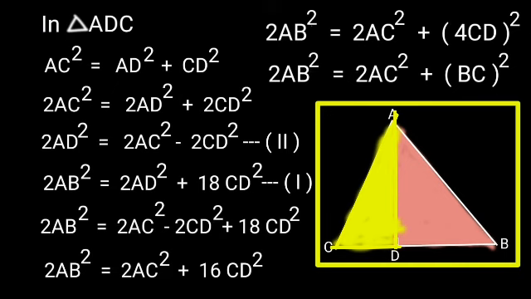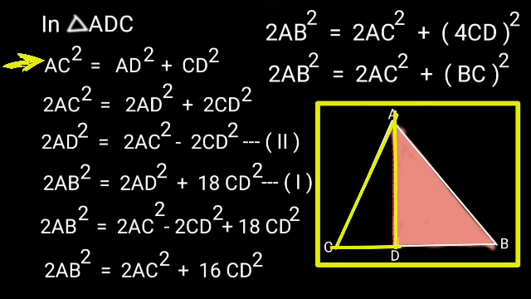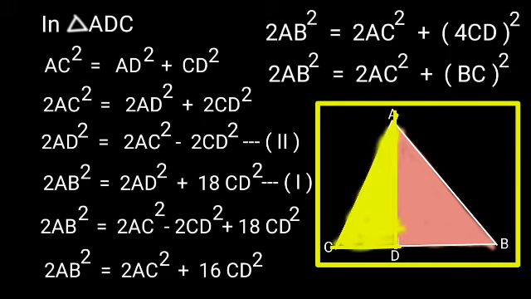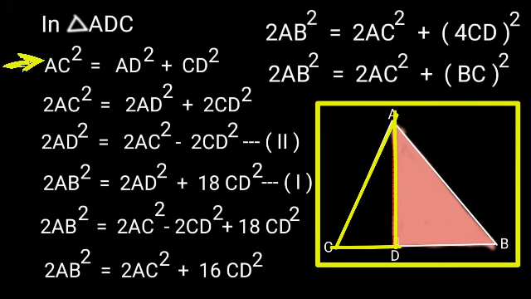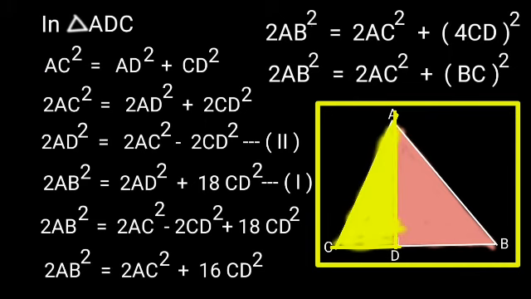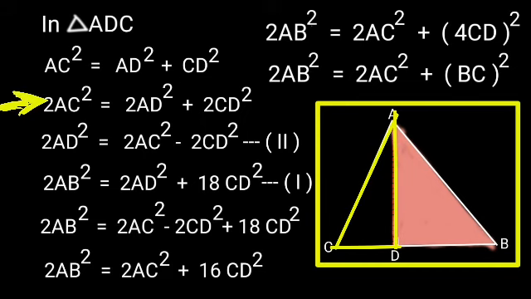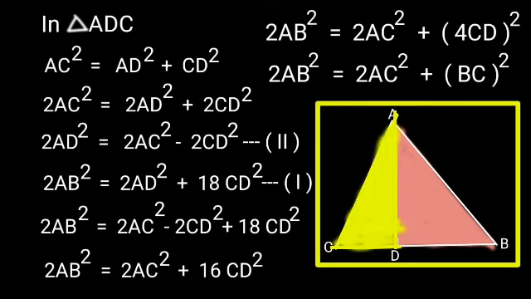By Pythagoras theorem, AC square is equal to AD square plus CD square. Multiplying both sides by 2, we get 2AC square is equal to 2AD square plus 2CD square.